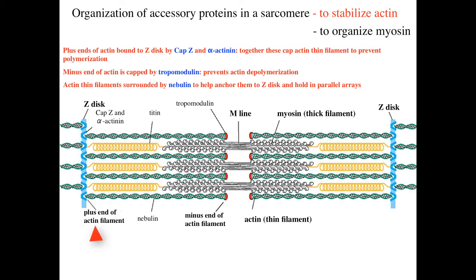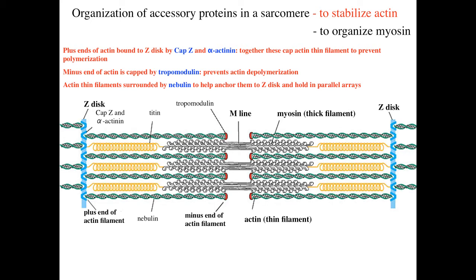The plus end of actin molecules binds into the Z disc, and it's bound to the Z disc by proteins like CAP-Z and alpha-actinin, and these proteins serve to stabilize the actin filament at the Z line and to prevent the actin filament from polymerizing any further.